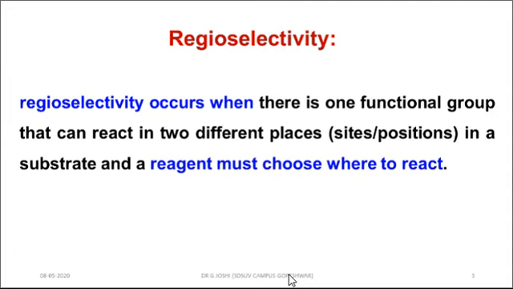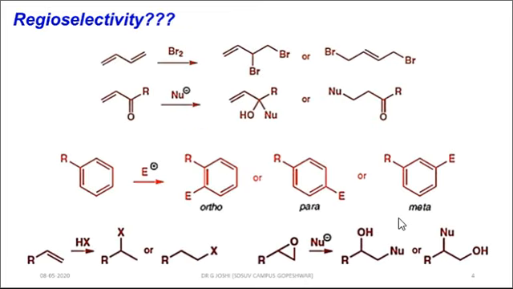Regioselectivity usually occurs when there is one functional group that can react at different places or sites or positions in a substrate, and during this kind of reaction, if the reagent has to choose where to react to give selectively one product, this kind of selectivity is known as regioselectivity. Let us see some examples of regioselectivity.